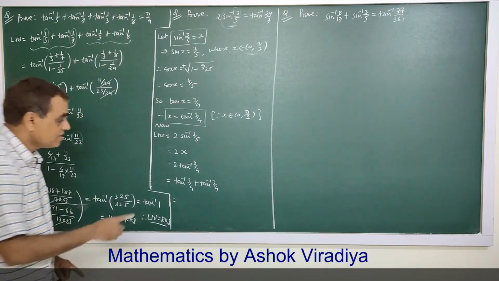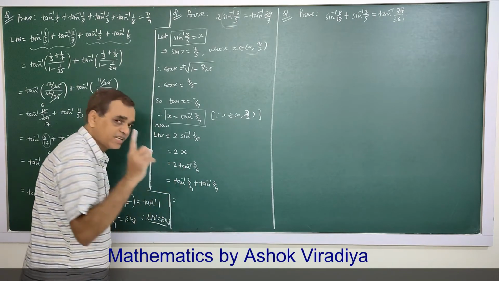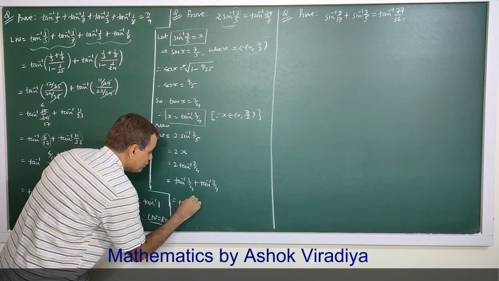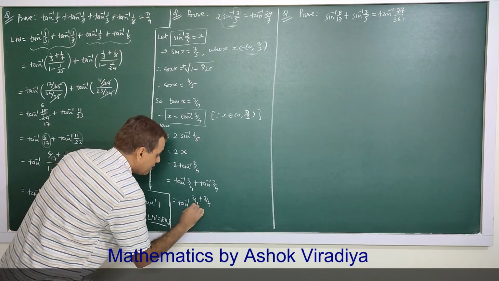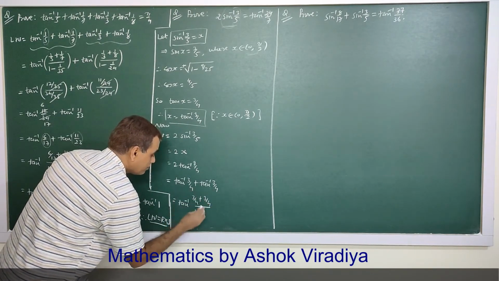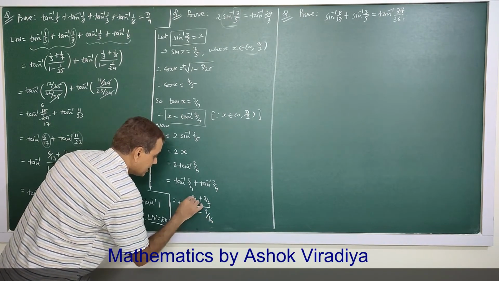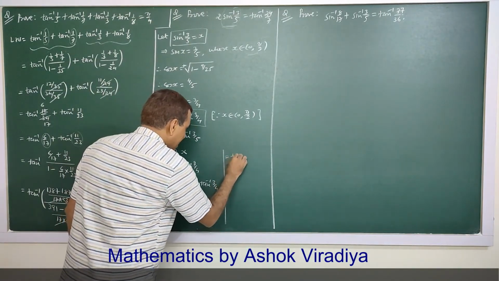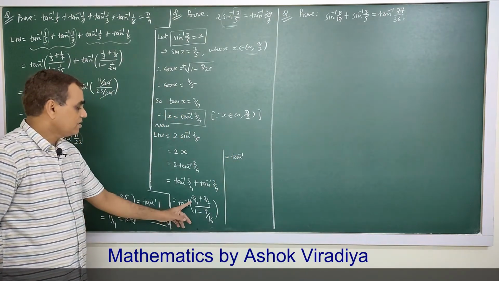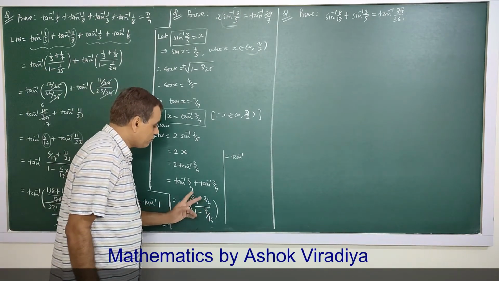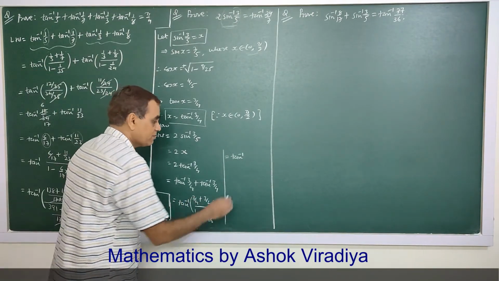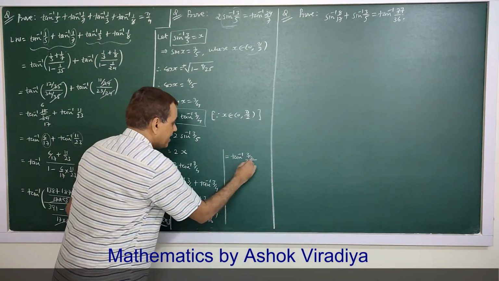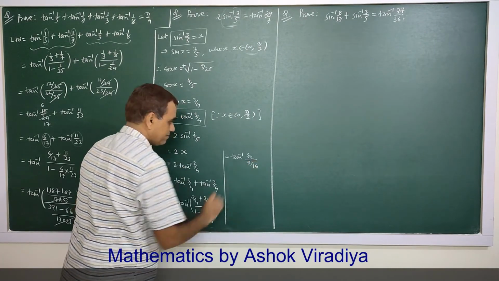Now for the formula, the product of these two numbers is less than 1. So tan inverse x plus tan inverse y is tan inverse of x plus y upon 1 minus the product of these two numbers, 9 by 16. So this is equal to tan inverse, this will be 3 by 4 plus 3 by 4, that is 6 by 4, 6 by 4 is 3 by 2, upon 16 minus 9, 7 by 16.